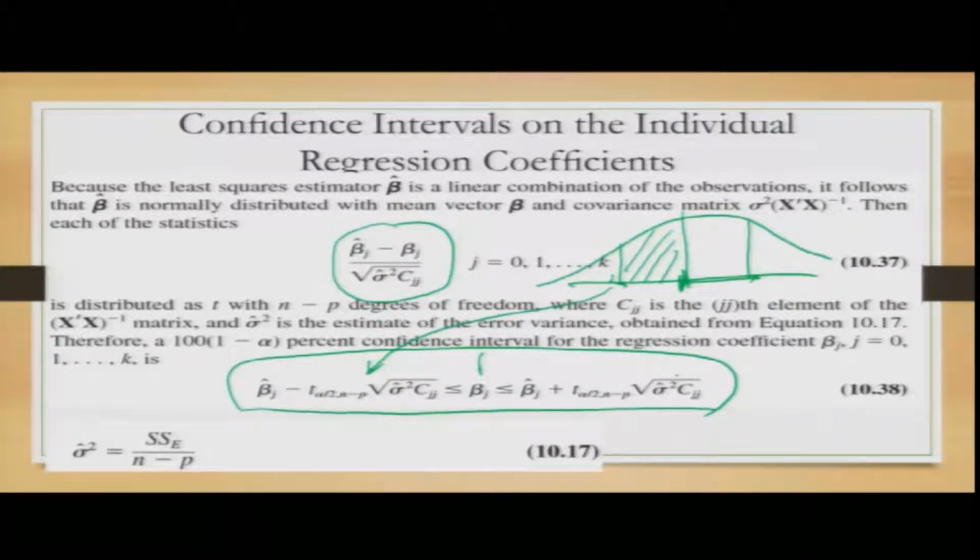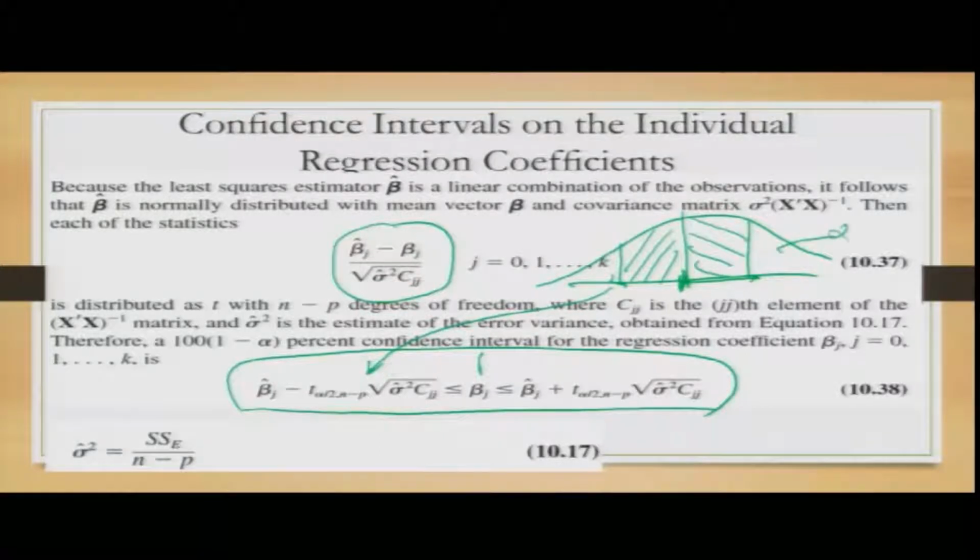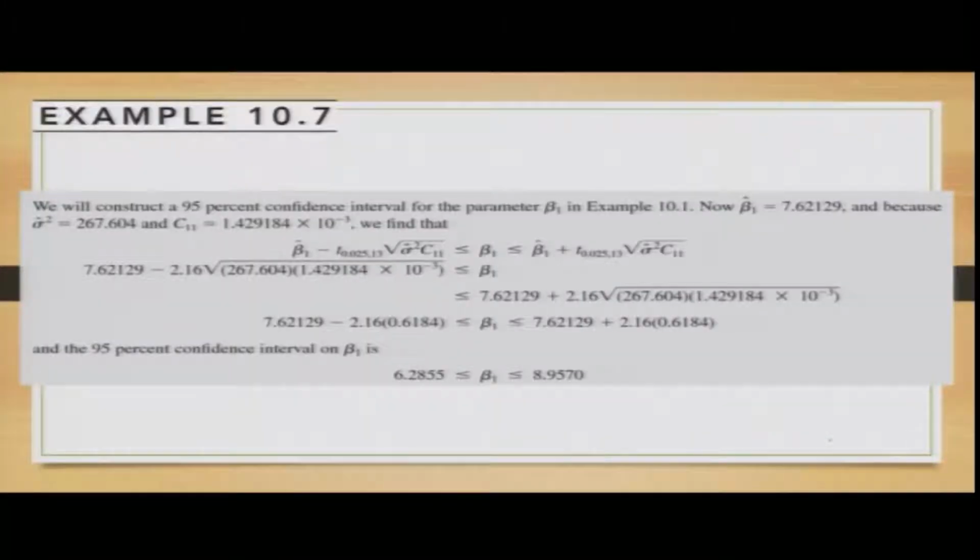Note one thing: we are trying to find an interval, so it will be alpha by 2 here and alpha by 2 there. The whole area inside is 1 minus alpha, and n minus p is the degrees of freedom, n minus k plus 1 or n minus k depending on the number of variables you have. So, we can construct a 95%, 90% or 99% confidence interval.